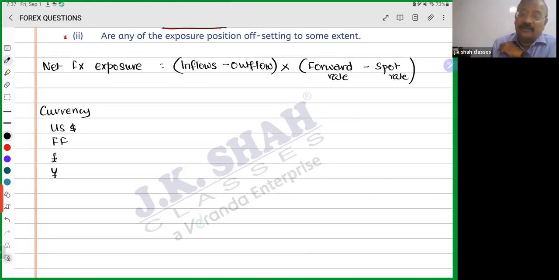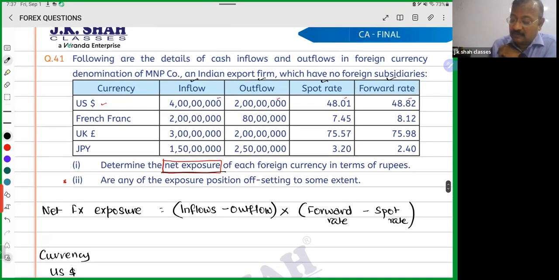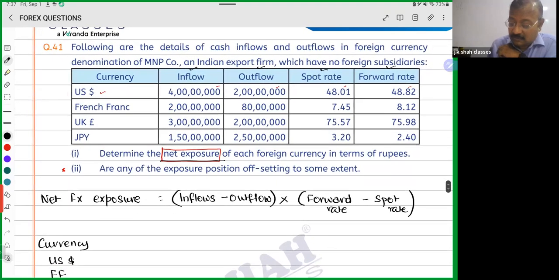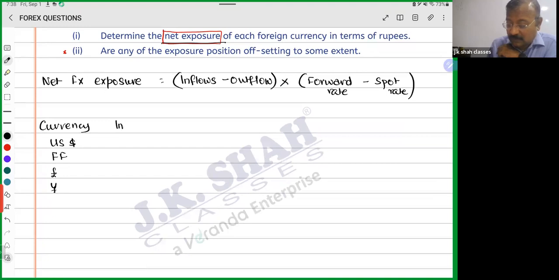We can do this, yes, when the payable and the receivable are due at the same time. And here, since no dates are given, now inflow minus outflow.